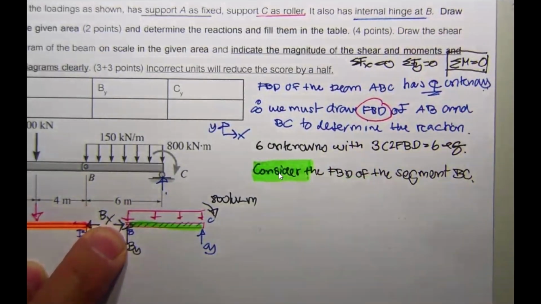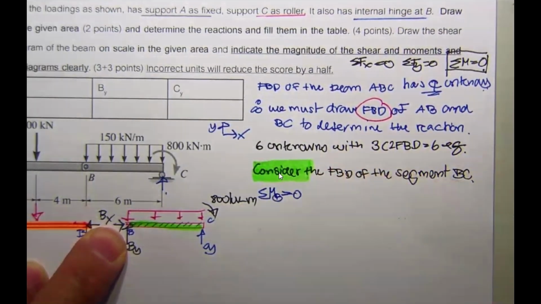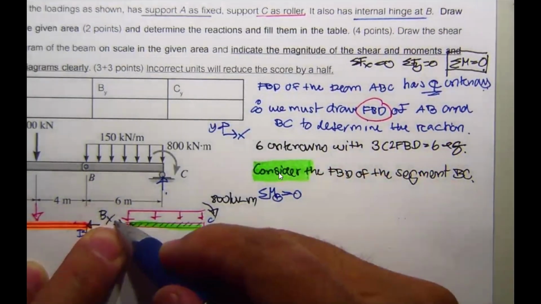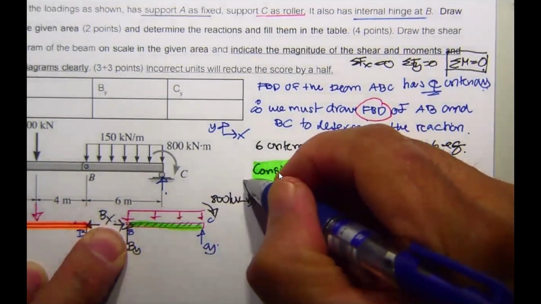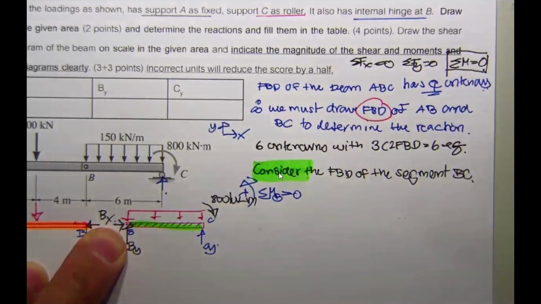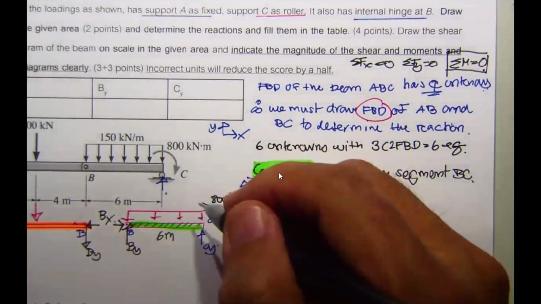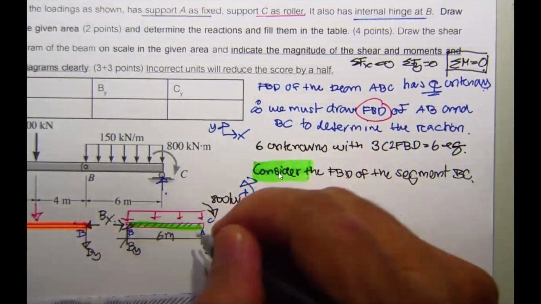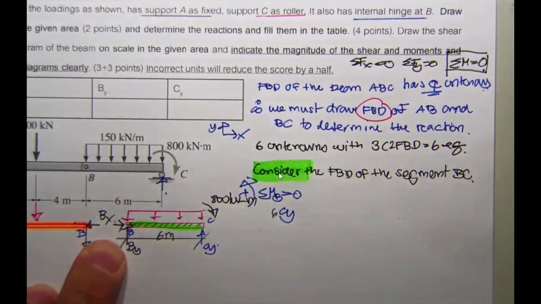So we take the summation of moment M sub B equal to 0, eliminating B sub x and B sub y, to determine C sub y, with counterclockwise rotation positive. For C sub y you have to put the length to show the moment arm, which is 6 meters, so your free body diagram is more complete.